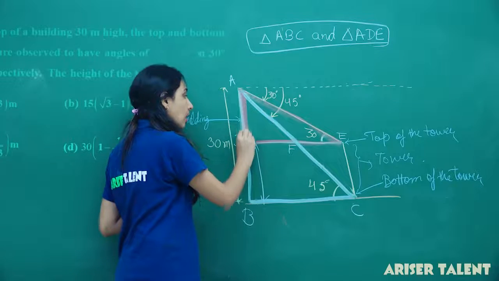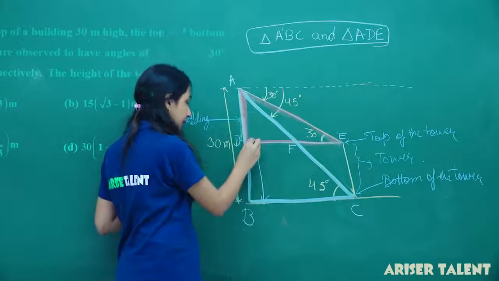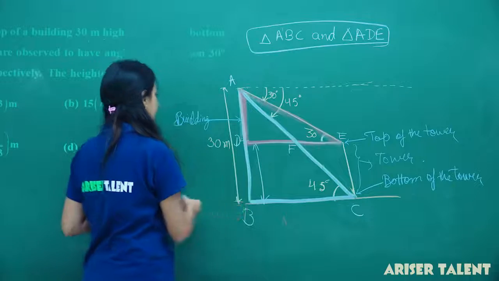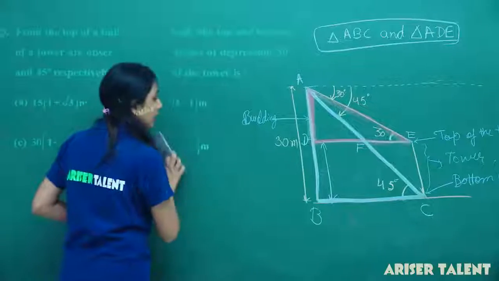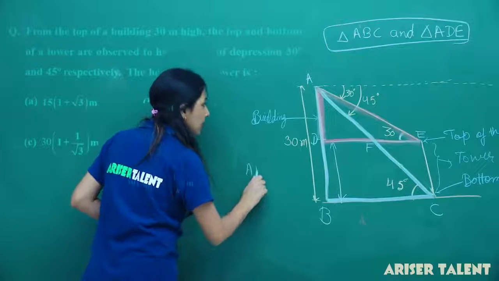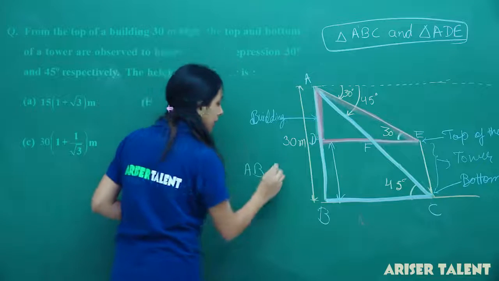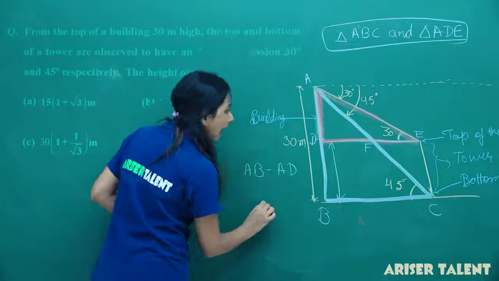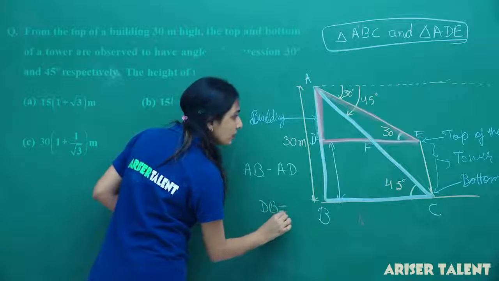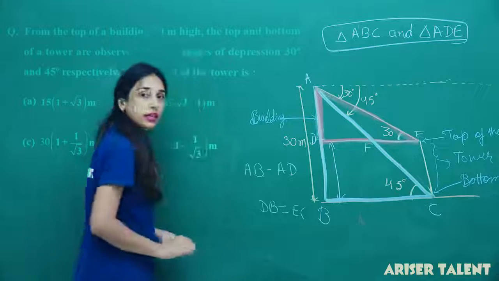I have AB and I also have AD. So by AB minus AD, I can find DB, which is equal to EC.